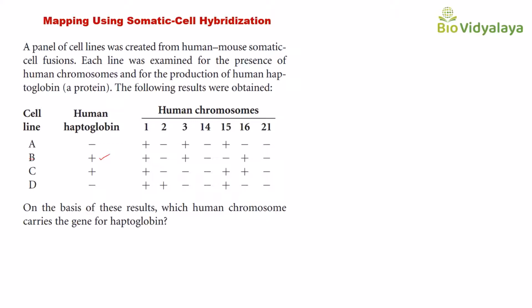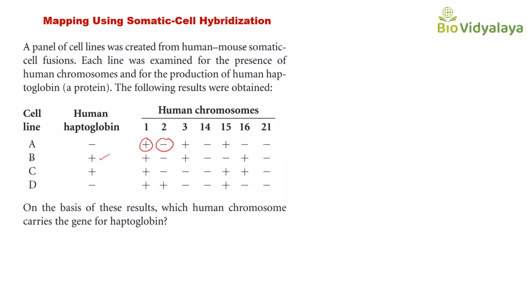So here chromosome 1 is positive, that means chromosome 1 is present in cell line A, and chromosome 2 is negative, that means it is absent in cell line A. On the basis of this result, which human chromosome carries the gene for haptoglobin?